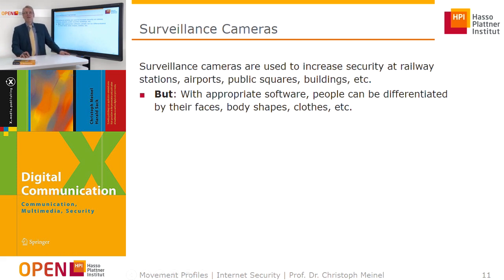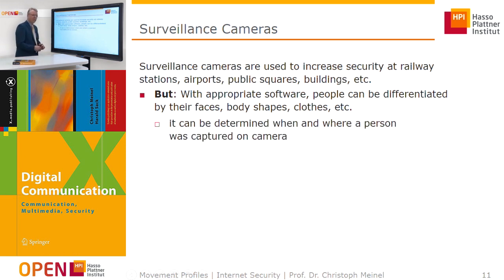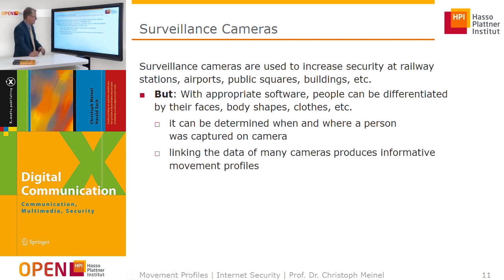But with the appropriate software, people can be differentiated by their faces, by their body shapes, by their clothes and others. So one can investigate these recorded videos, for example, to find out whether a person was in a certain location at a certain point in time. So it can be determined when and where a person was captured on the cameras.